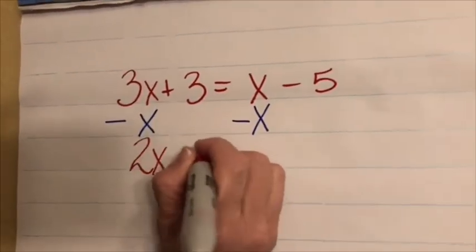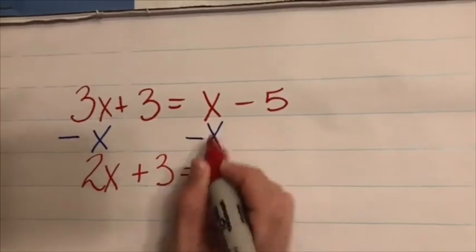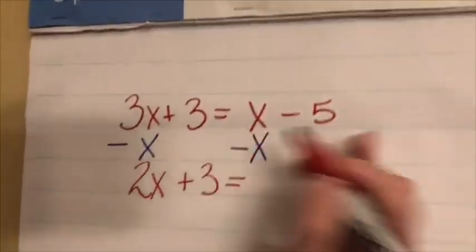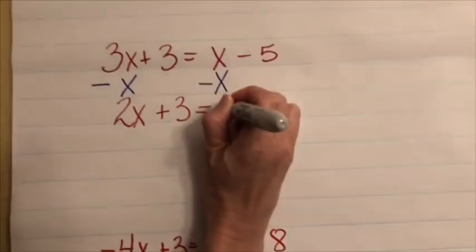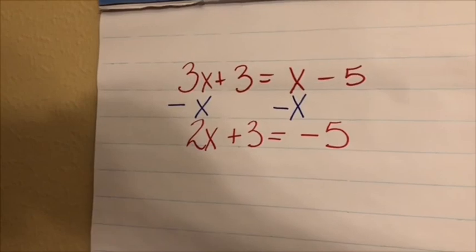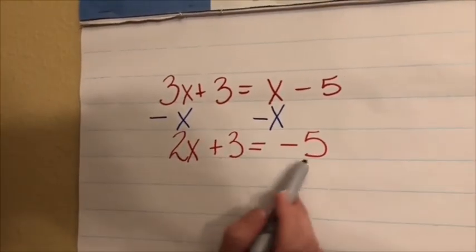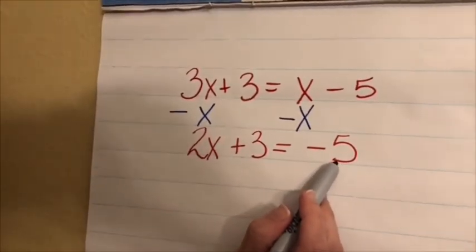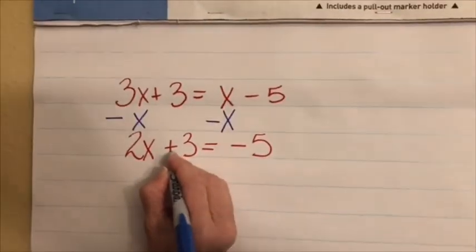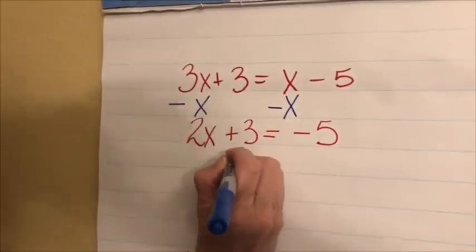I'm going to write my plus 3 equals, when I have this, my x's go away. x minus x is 0. So I just have my negative 5. Now I need to bring my 3 over because it's a constant, just like my 5 is a constant. So I'm going to bring it over by doing the opposite of what's happening. Addition's happening, so now I need to subtract.